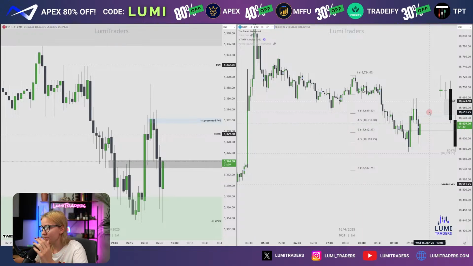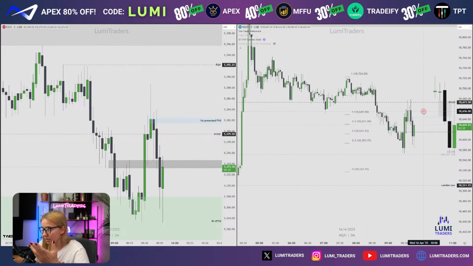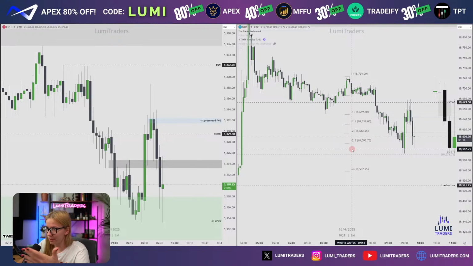But right now, we don't have any setup for short. Okay, cannot connect TradeWeight right now. Going to try again. Take Profit Trader. Okay, we will wait. This is why I stopped working with TradeWeight for funded accounts, because of lots of issues. So my Apex accounts are connected. You connected?